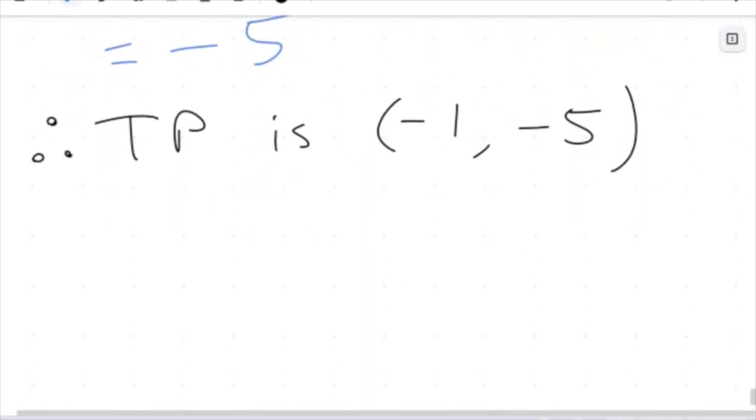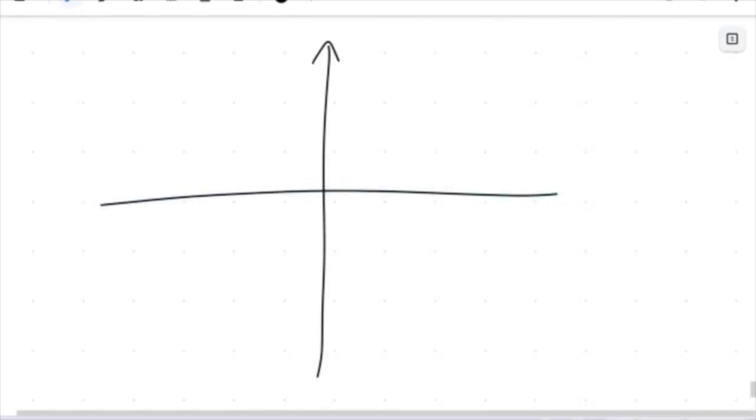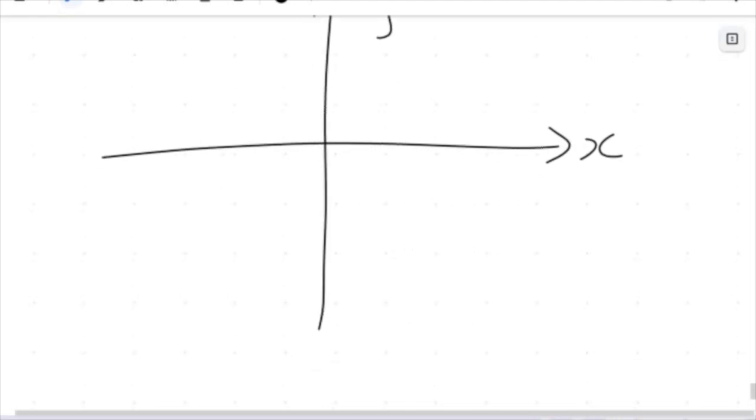We call these significant points. We have a turning point, we have 2 x-intercepts, and we have a y-intercept. That is all we need to draw a rough sketch of what is going on. So we have y, we have x, and let me label in all of my points. So I have a y-intercept of negative 3, and I have a turning point at negative 1, negative 5.